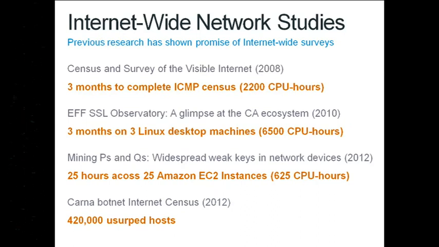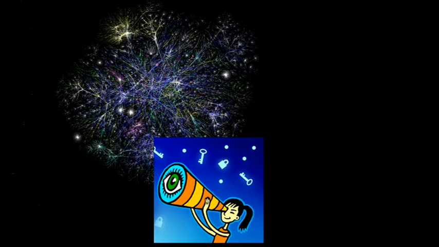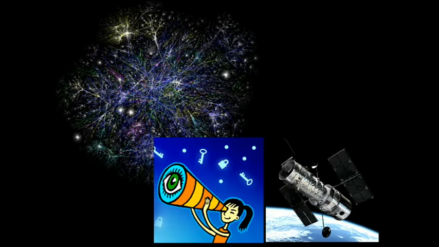So in each of these cases, either tremendous effort by the researchers, tremendous time, or a large number of hosts was required. So the problem from my perspective is we've been using tools like this to try to get visibility into the devices plugged into the internet, where we really want something like this. We want something that's designed, optimized for the purpose of internet-wide scanning.